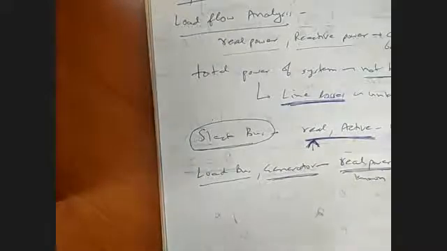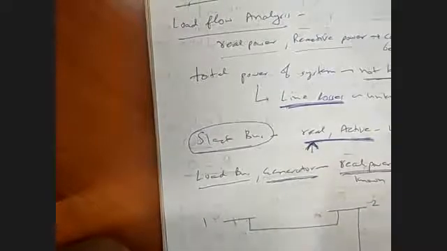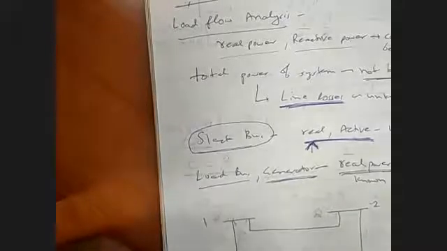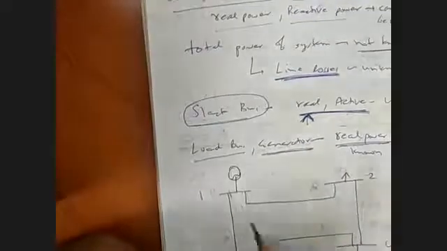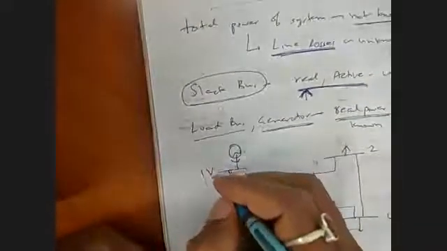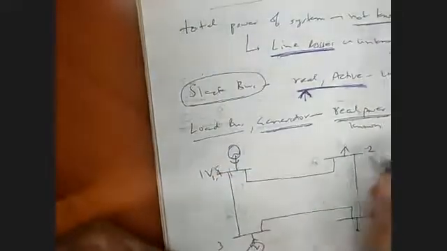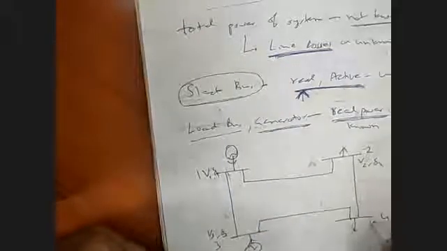Now we have equations, we have a system. So like this, we have a system. Some are only taking power, some are sources which are giving. So we have V1 delta 1, V2 delta 2, V3 delta 3, and V4 delta 4.